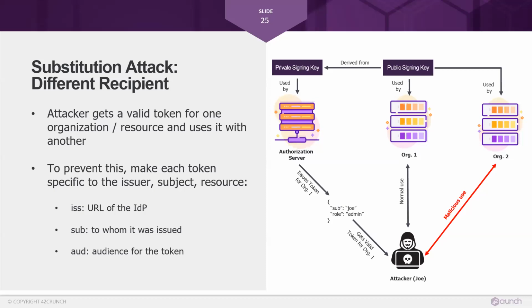He can ask someone to give him the ability to consume some resources because he's from one organization. And then he will try to use the token that he obtained to consume resources that are dedicated to other organizations or people.